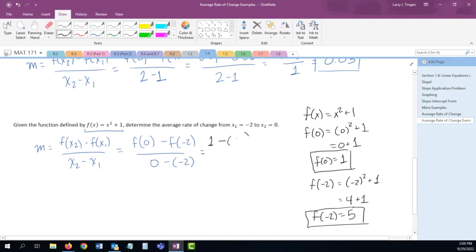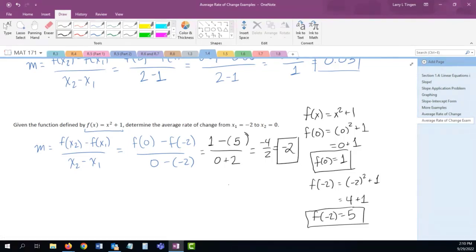1 minus 5 over 0 minus -2 is +2. 1 minus 5 is -4. -4 divided by 2 is -2. So for the function x squared plus 1 from -2 to 0, my slope is negative.